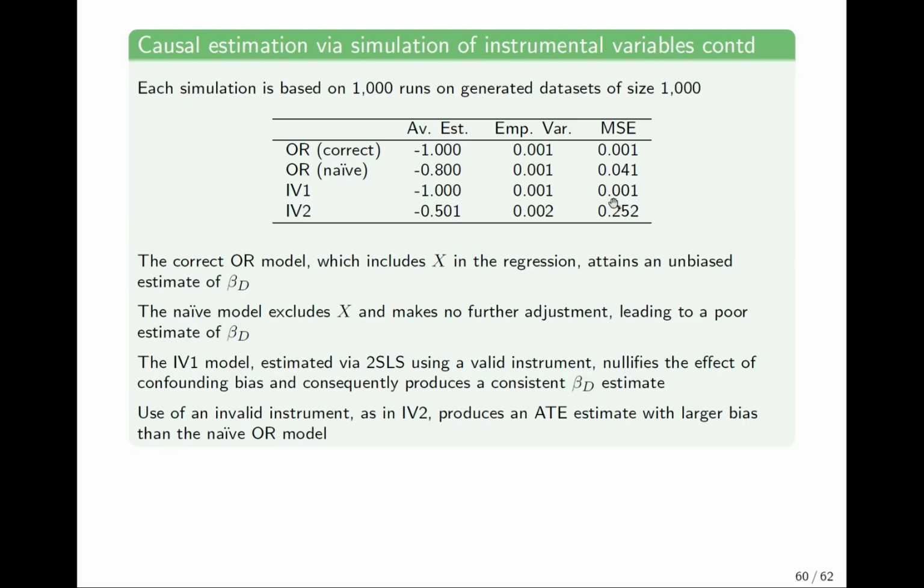So it does just as good a job as the outcome regression model using the valid instrument Z. However, when we use an invalid instrument, as in IV2, in this case an instrument that fails the exclusion restriction, this produces an average treatment effect estimate with larger bias than the naive OR model. So it gets it worse than not dealing with confounding itself. And this is the problem that I mentioned earlier, where use of invalid instruments can give a cure that is worse than the disease. So you have to be careful.